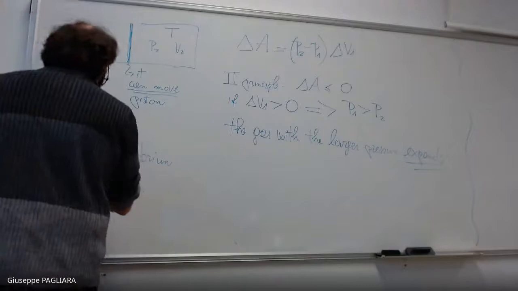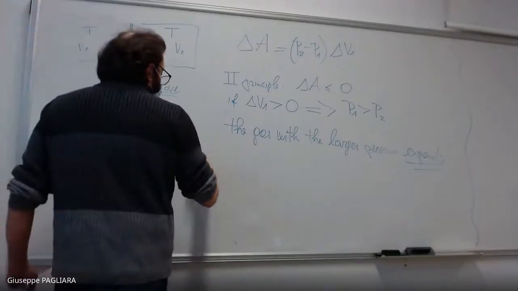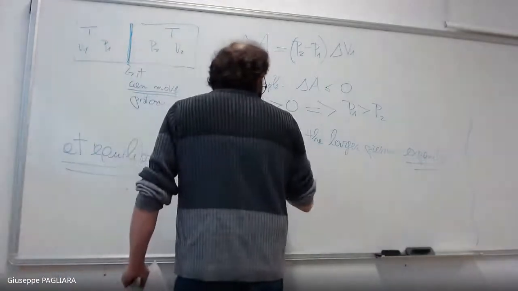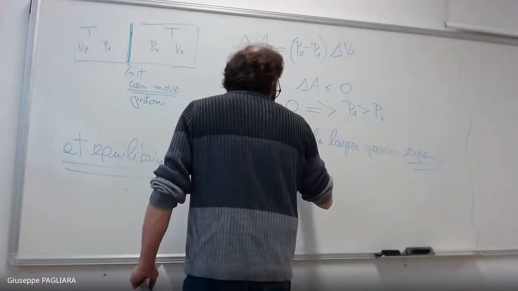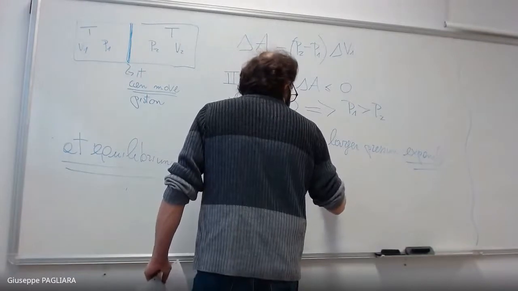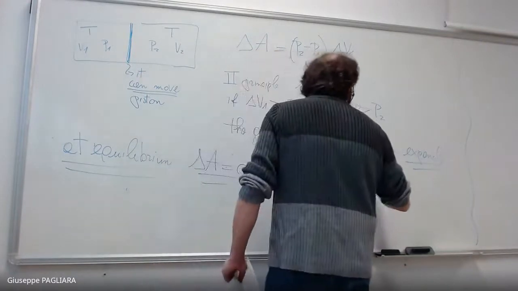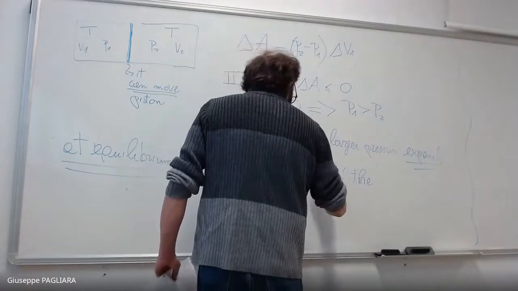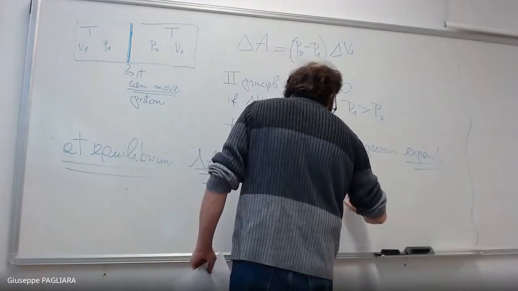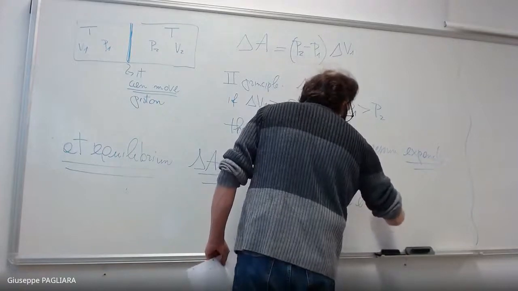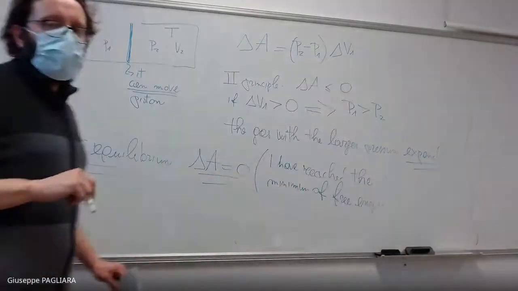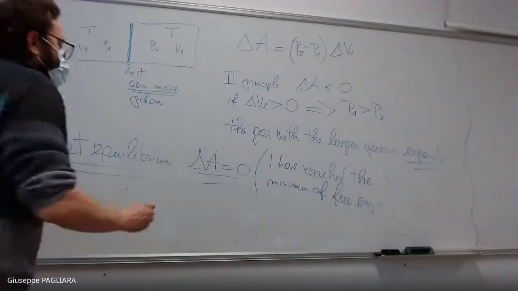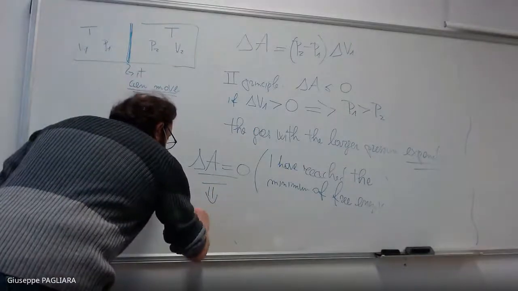Now here I will reach a situation in which delta A is equal to 0, which means that I have reached the minimum of free energy. Okay? And when delta A is equal to 0, that means that P2 is equal to P1.